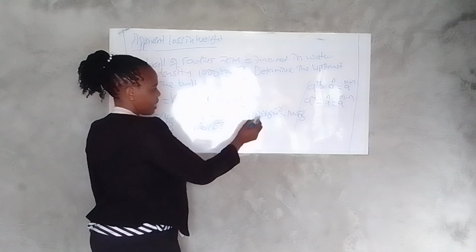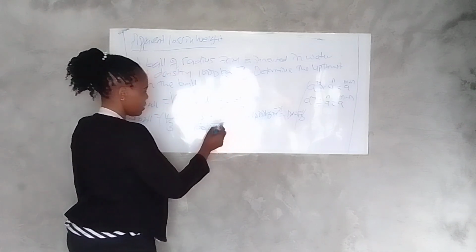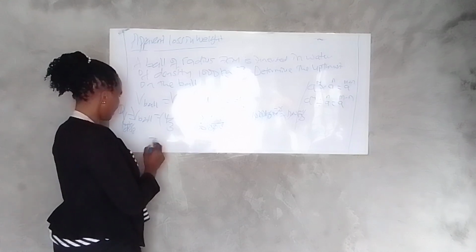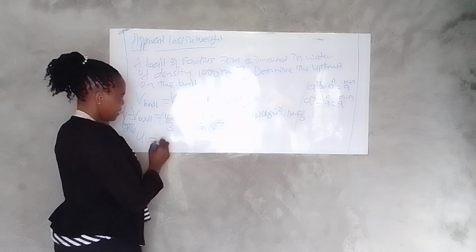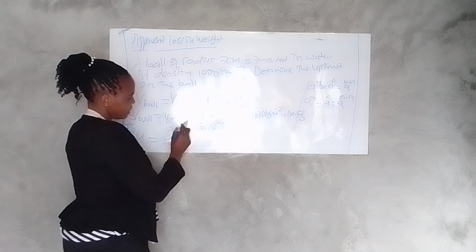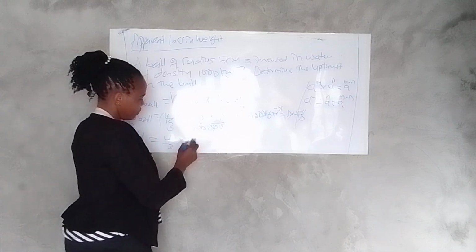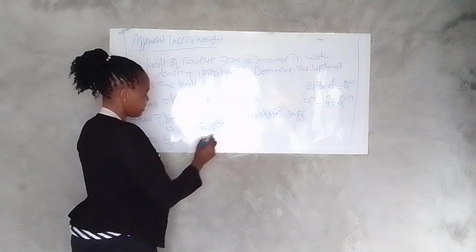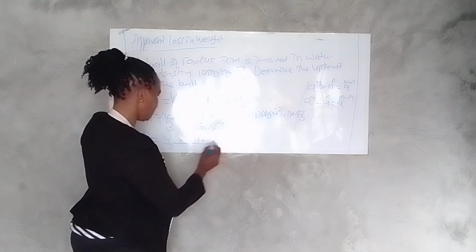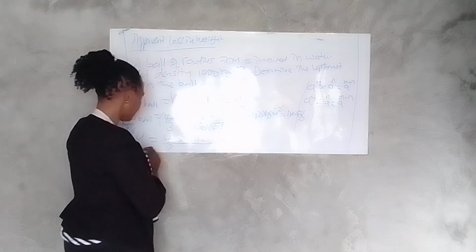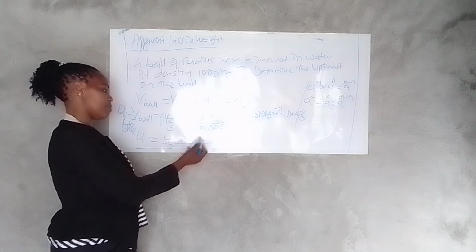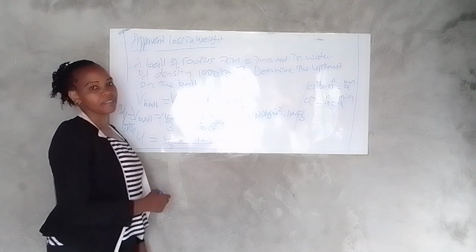So we can say upthrust is 4 over 3 times π times 7 times 7 times 7 times 1000 divided by 1 million times 10. That becomes the upthrust, and all of that is in newtons. You only need to work out 4 multiplied by 49 multiplied by 7 over 3.